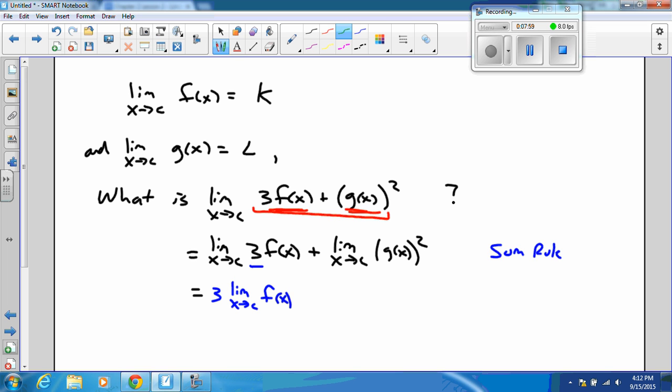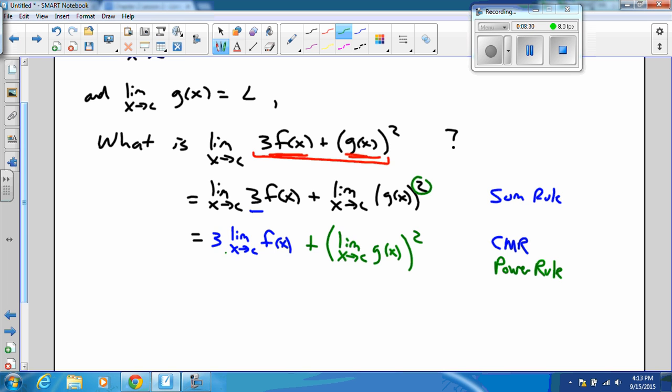But for this one, I'm going to appeal to the power rule to rewrite this as the limit as x goes to c of g of x quantity squared. So we have the constant multiple rule for our left-hand limit, and we have the power rule for the right-hand limit.